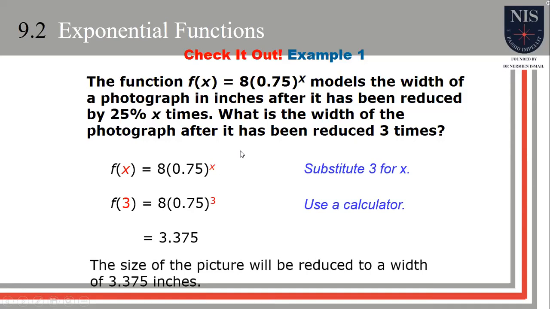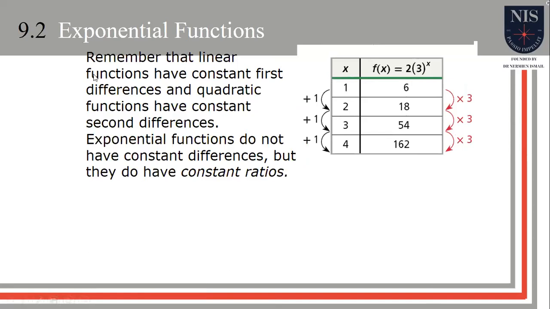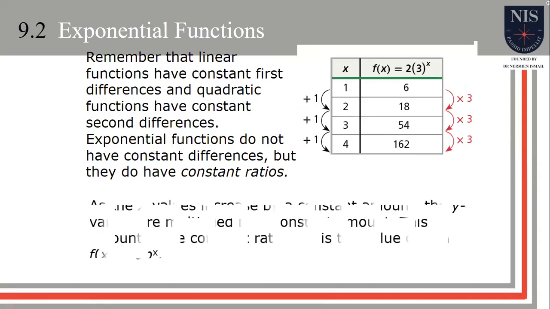So we can find word problems like this in exponential functions. And don't forget, remember that linear functions have constant first differences, quadratic functions have constant second differences. Exponential functions don't have constant differences, but they do have constant ratios.